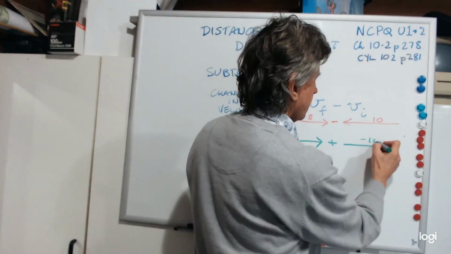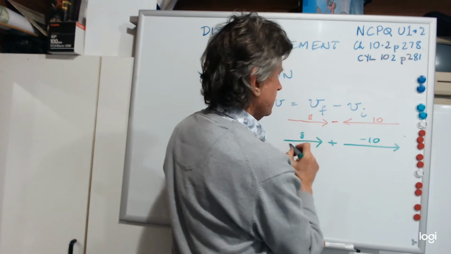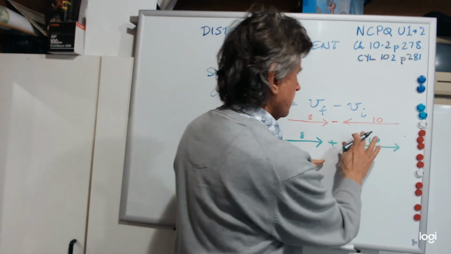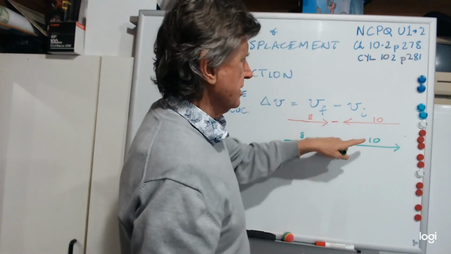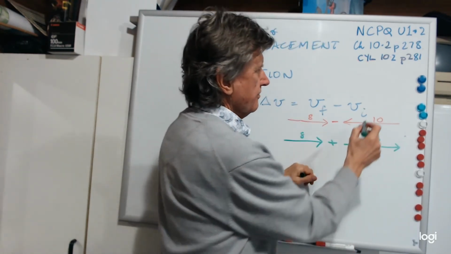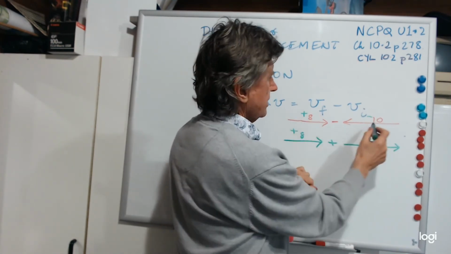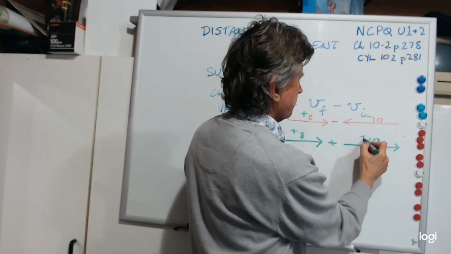So that's plus 10. It was 10 this way, so that was negative 10 and that was plus 8, and now I've reversed the direction of that, so it's plus 10.